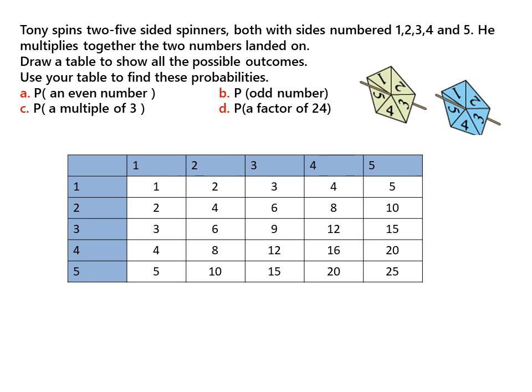Probability of getting an even number: we will see which of these outcomes are even. So we have 2, 4, again 2, and again 4, 6, 8, 10, 6, 12, 4, 8, 12, 16, 20, 10, 20.